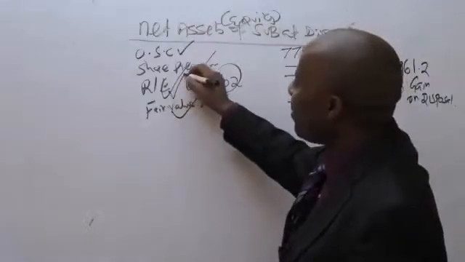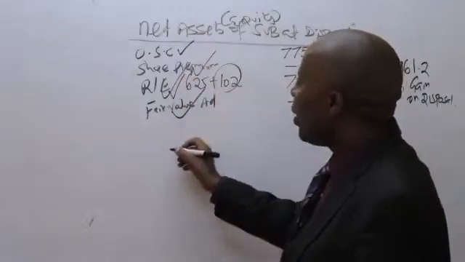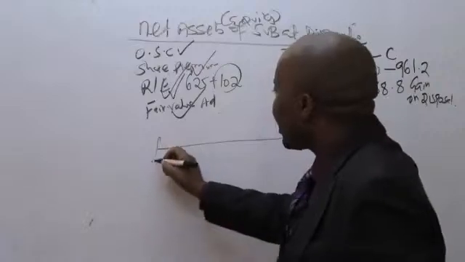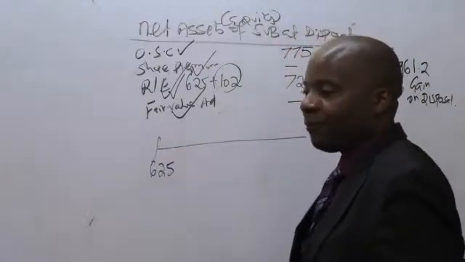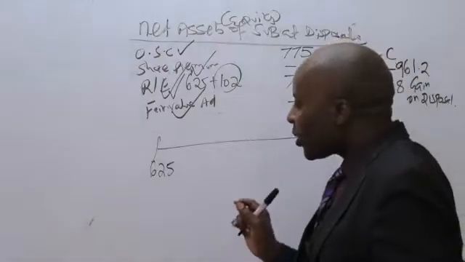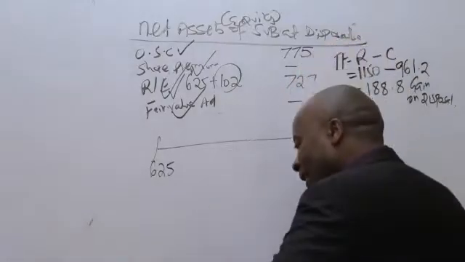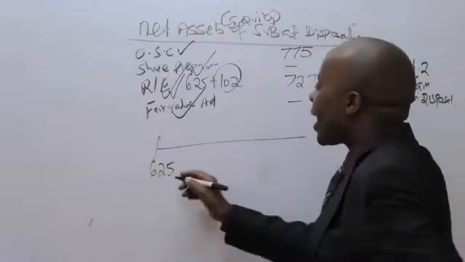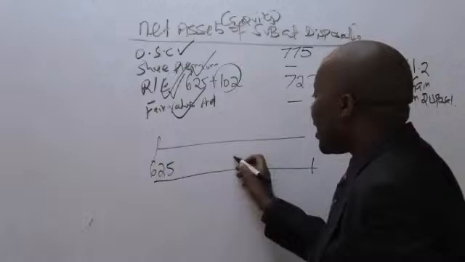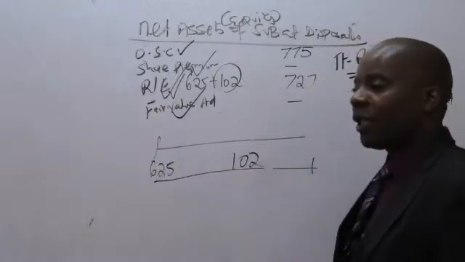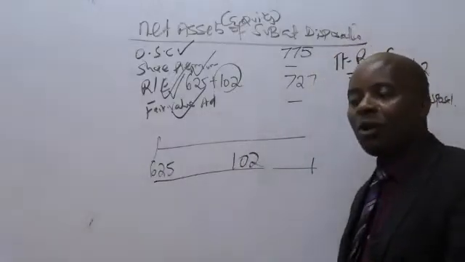Mary is asking why add retained earnings. When we bought this company, we bought it having retained earnings of 625. The company was not asleep the whole year. It went ahead and made a comprehensive income of 102.